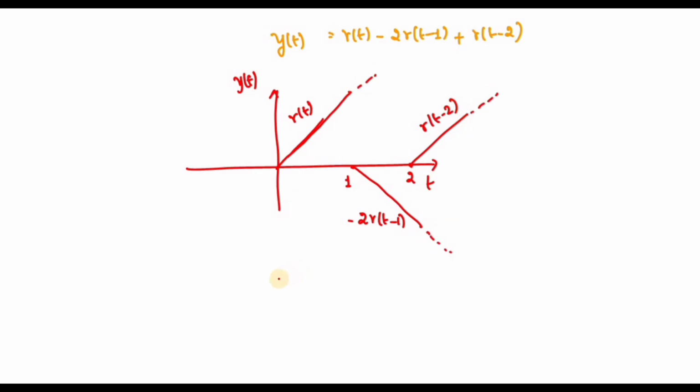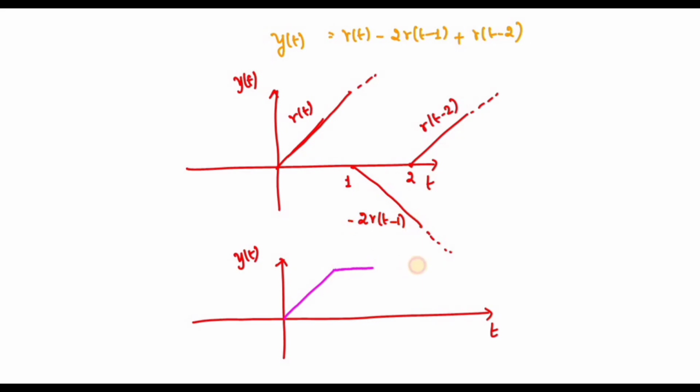So if I add this one, I get this is my r of t, from here this is my r of t minus 2. If it is minus r of t minus 1, the signal will be like this. So suppose it is minus 2 of r of t minus 1, it has to be like this.